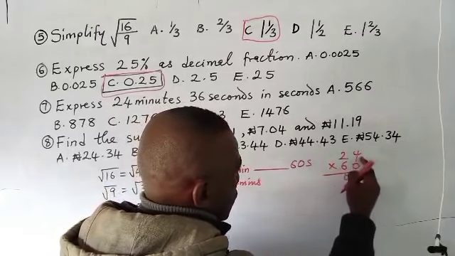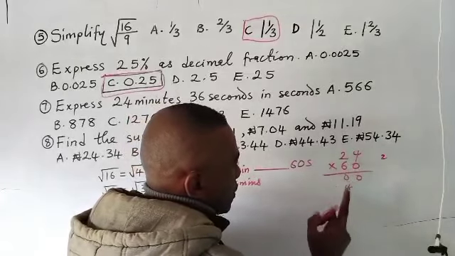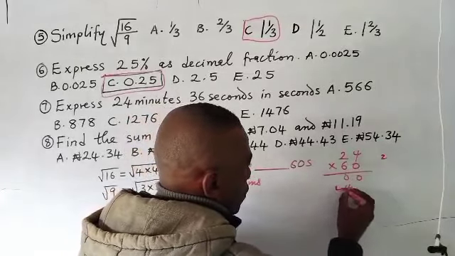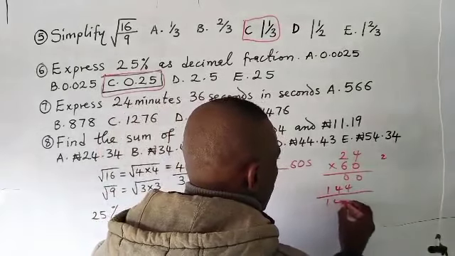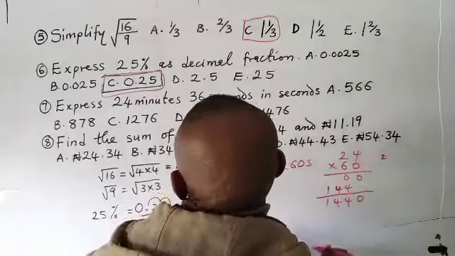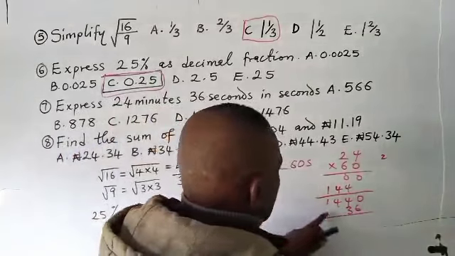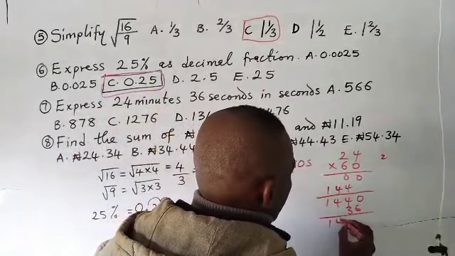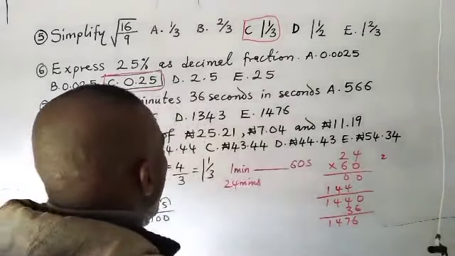This double 0, this 24. Okay, I will carry 2. This multiplied by this is 12. 12 plus 2 is this. So what we have now is 1440 plus 36. When I add 36, it will give us 1476, which is option E.